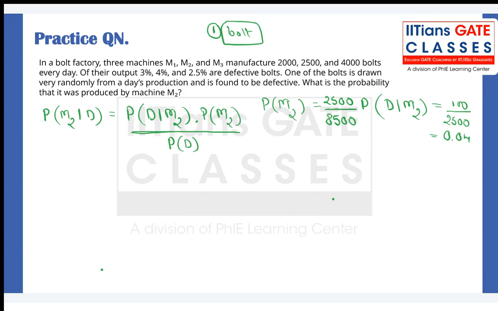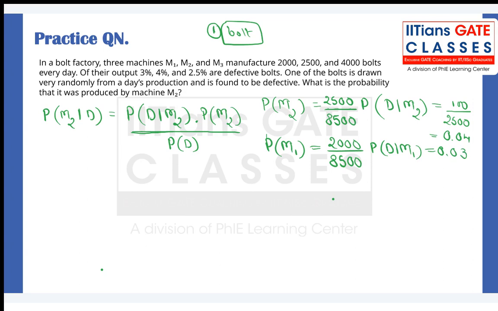The probability for machine 1: out of 8,500, 2,000 of them are produced by machine 1. So the probability that it is from machine 1 is this. And the probability, good Aditya, that it is defective given it is from machine 1 will be 0.03.